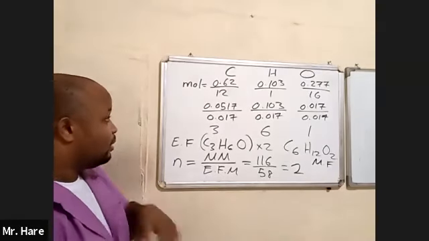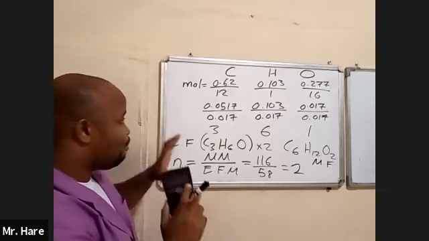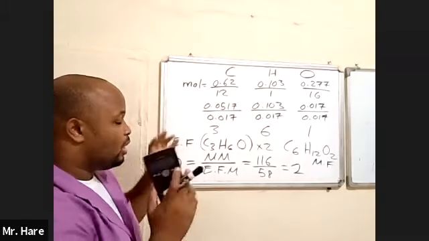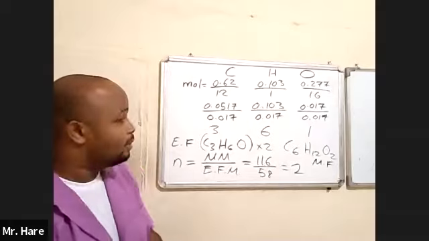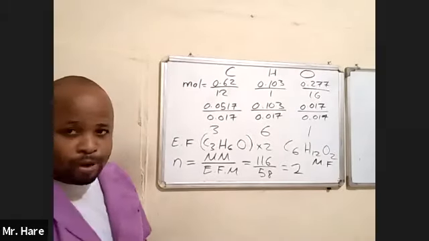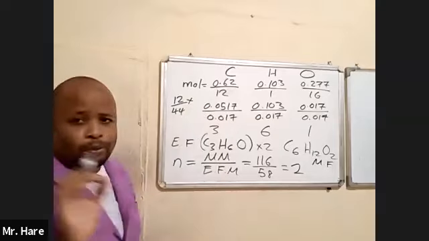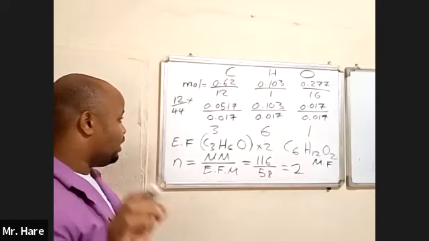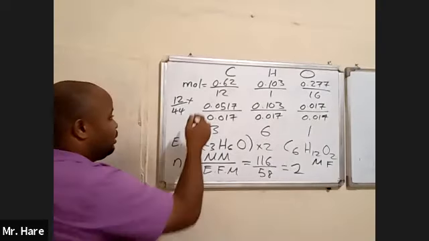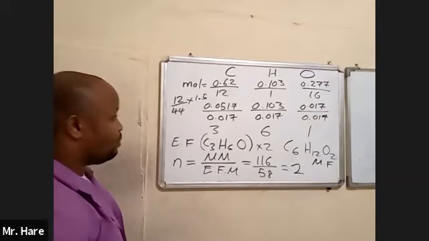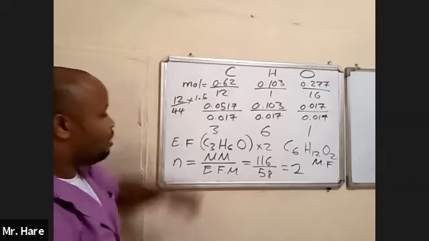All right, so let's go again. This is combustion analysis, where you burn a hydrocarbon and you get carbon dioxide and water. To get the mass of carbon, it is 12 over 44, the mass of carbon over the mass of CO2, times the actual mass given in the question, let's say 1.5.